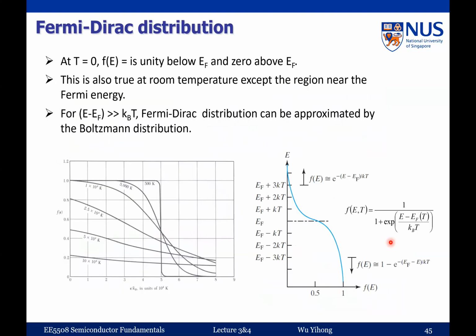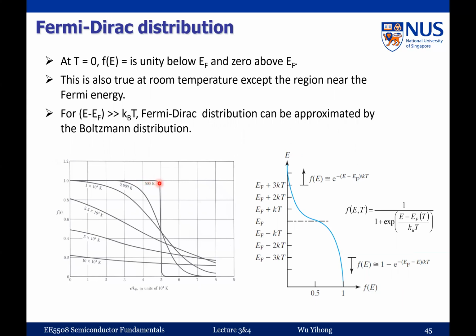Now if you look at the distribution, this is what you have. This is the distribution function F, this is the energy, and this is the Fermi level. When temperature is low, say 500 Kelvin, which is considered quite high, you can see that the distribution is pretty much 100% below the Fermi surface, it's unity.